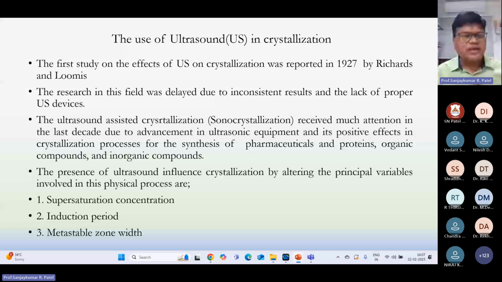That is because those processes do not have control on the supersaturation, the induction time and the metastable zone width. So these three can be controlled with the help of ultrasound. It is a well evidenced, well proved technology, and it is now widely used in crystallization. Firstly, I'll discuss ultrasound a little bit, and then we'll go for a case study.